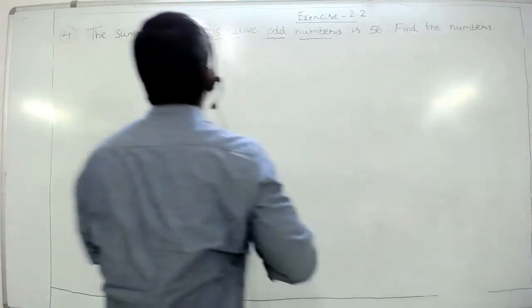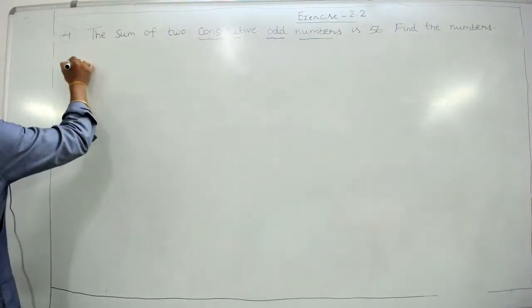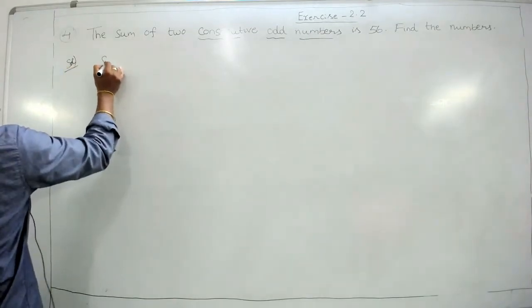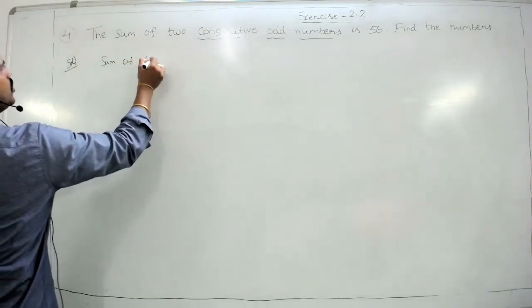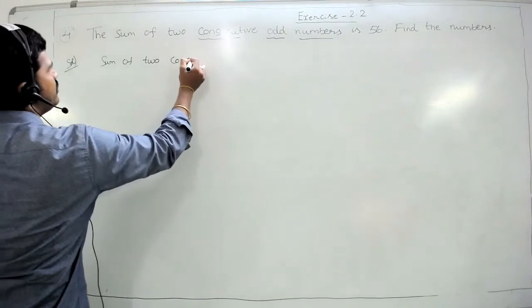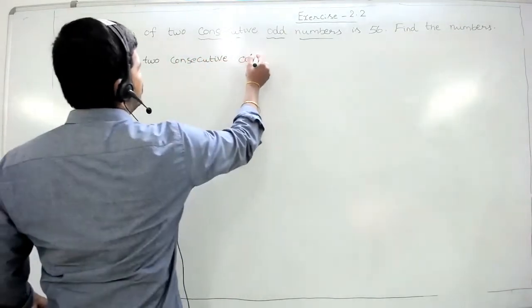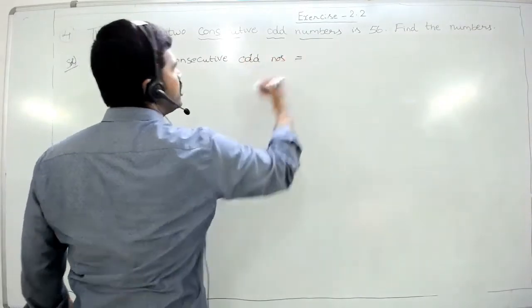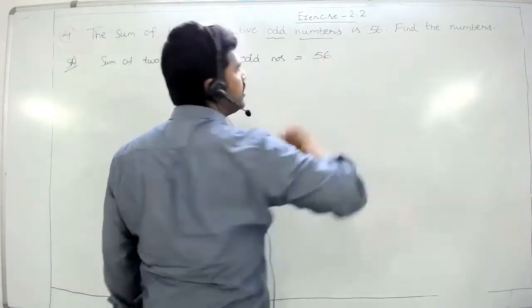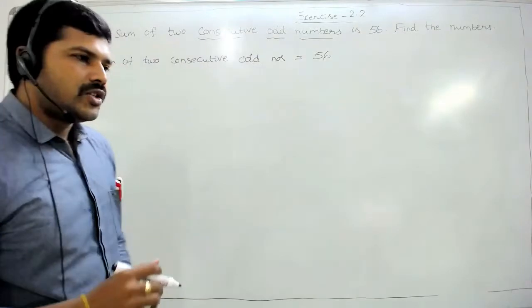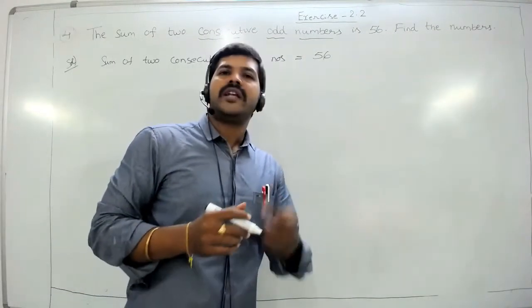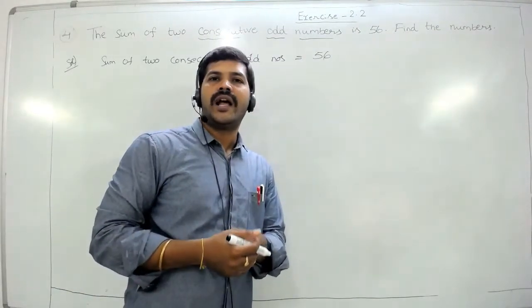Okay. Now let us start. What is given? I am writing: sum of two consecutive odd numbers is equals to 56. Okay, so I am taking the first odd number as x.